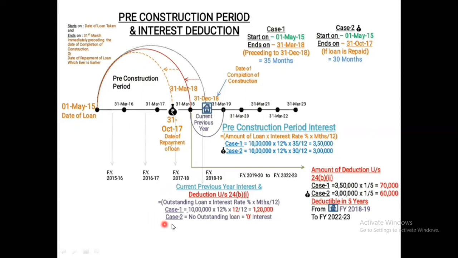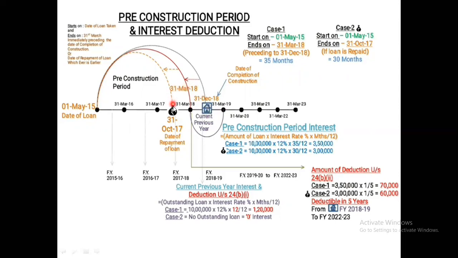Now, when coming to case 2, you can see that there is no outstanding loan. Why is there no outstanding loan in case 2? This is primarily because under case 2, the loan was repaid on 31st October 2017 itself, which means that there was no loan outstanding during the current previous year 2018-19.